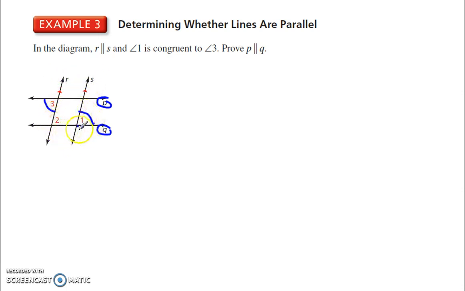and 2. We know that if these two lines are parallel, then angle 1 must be congruent to angle 2 because they are corresponding angles. And we know these two lines are parallel.